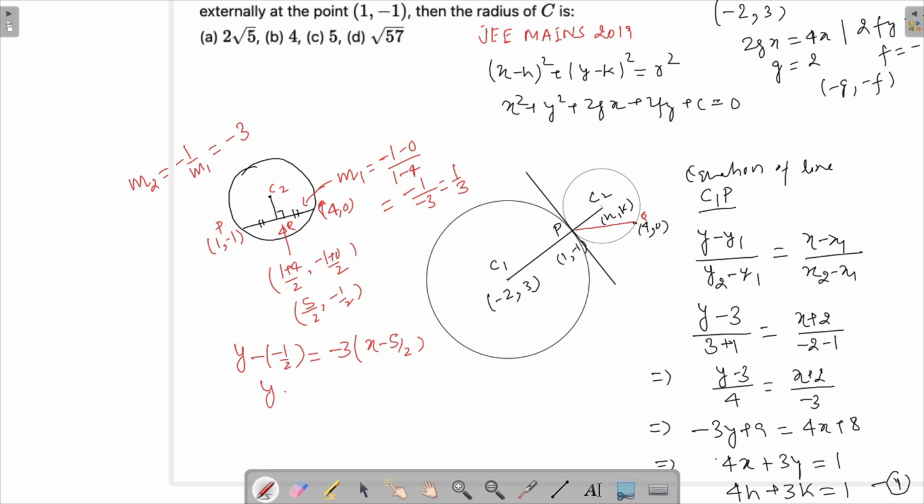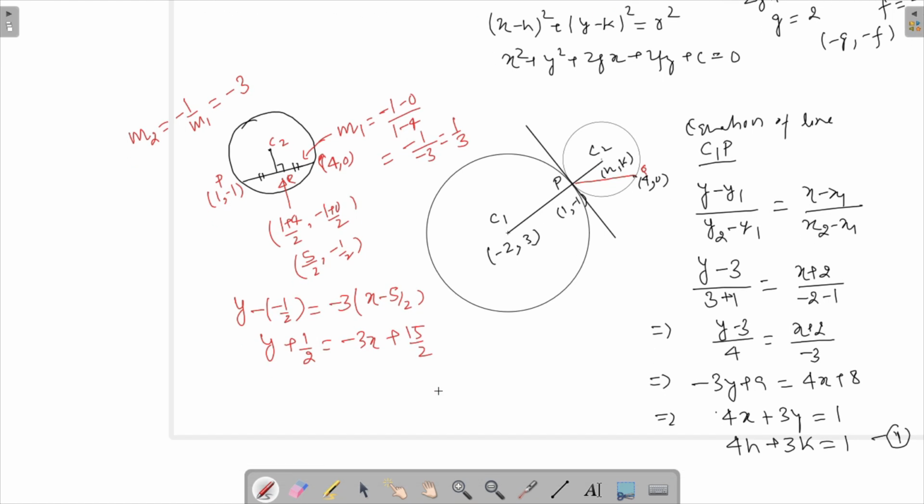Okay, so I get y plus half equals -3x plus 15 by 2. Then this goes that side, so y plus 3x equals 15 by 2 minus 1 by 2, which is 14 by 2, which is 7. So now I've got y plus 3x equals 7.